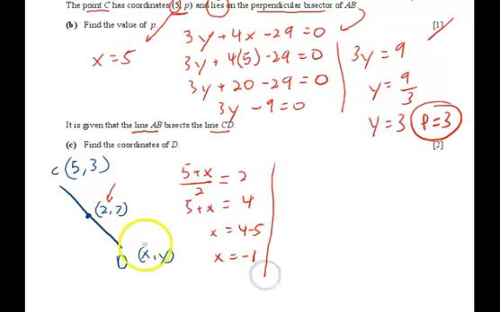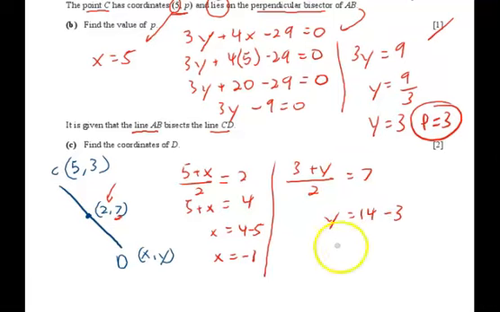Okay, now we look at the Y. How do we get the 7 here? So 3 plus Y divided by 2 equals 7. So you get 14 minus 3 equals Y. So Y is 11. So your coordinate here is negative 1, 11. This is the coordinate of point D. Okay, this is 2 marks here.